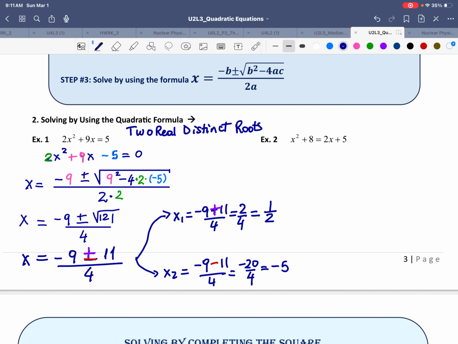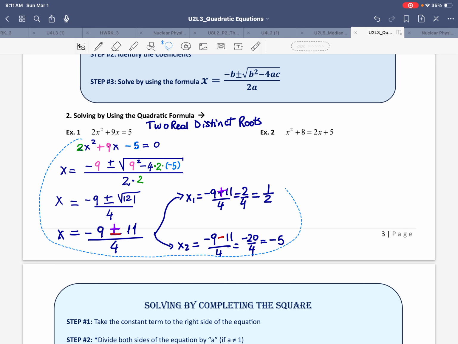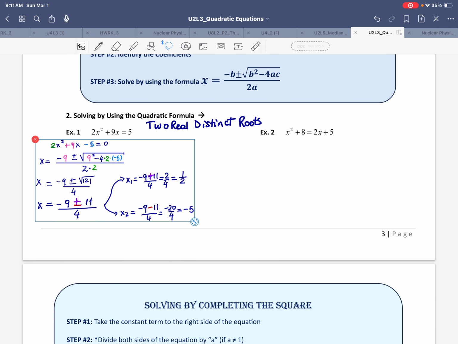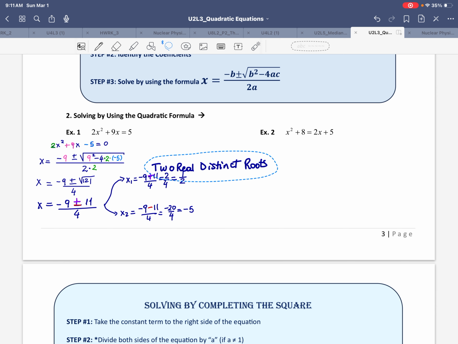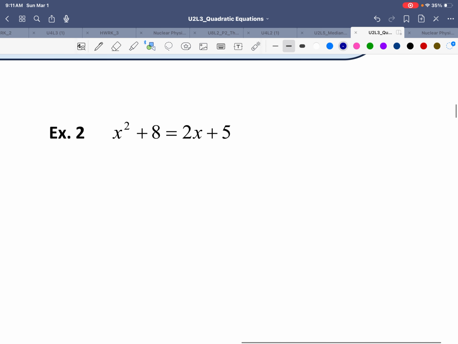Okay, so now let's take a look at another equation. Let's move on to the next example. Now here we go. We have x squared plus 8 equals 2x plus 5.